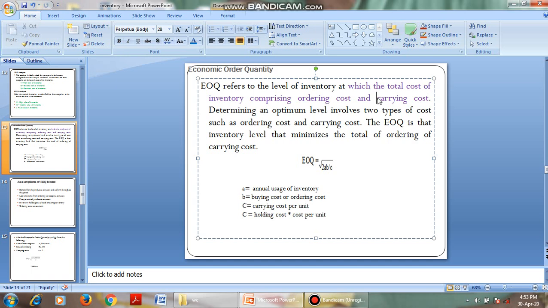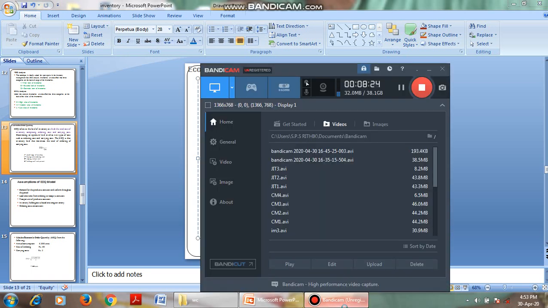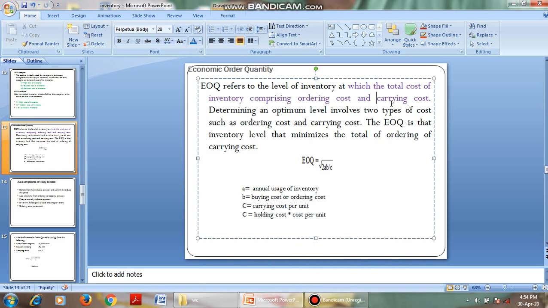For example, if you order a mobile phone online, it requires some cost, that is called ordering cost. Carrying cost is nothing but the cost which is incurred to carry the product. Okay, right.